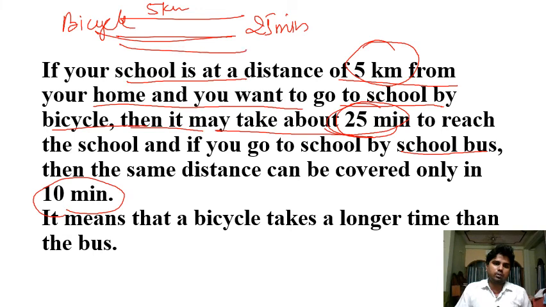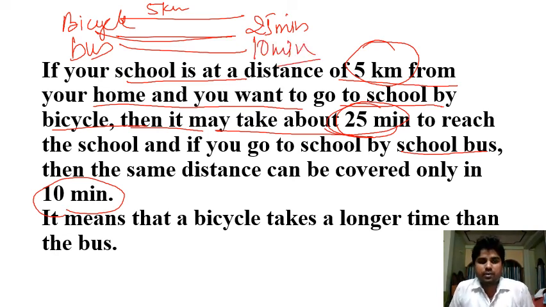And if you go to school by school bus it will take 10 minutes. So we can say that a bus is much faster than the bicycle, or we can say the bicycle takes longer than the bus to cover the same distance.